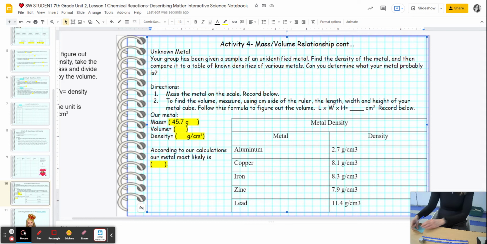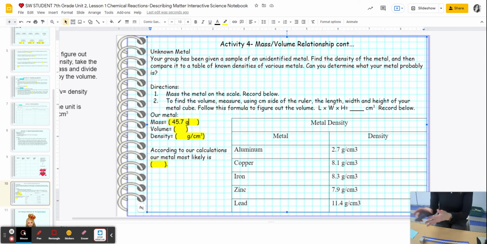I'm just going to write that on a little piece of paper so I can remember it. It's a cube, so this isn't going to be difficult. I'm now switching it around to be the width. It is 2.5 centimeters again. And its height is 2.5 centimeters, which is what is expected since it's a cube.